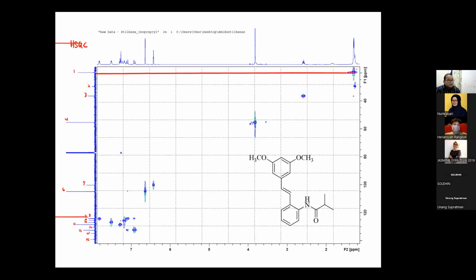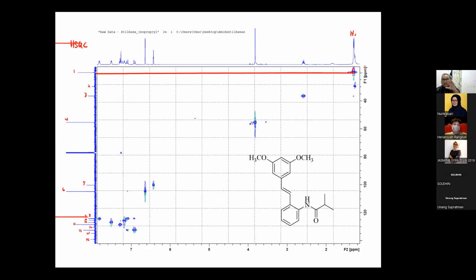I'm using a ruler and my drawing pad. So this proton is proton number 1, H1. Okay, number 2.